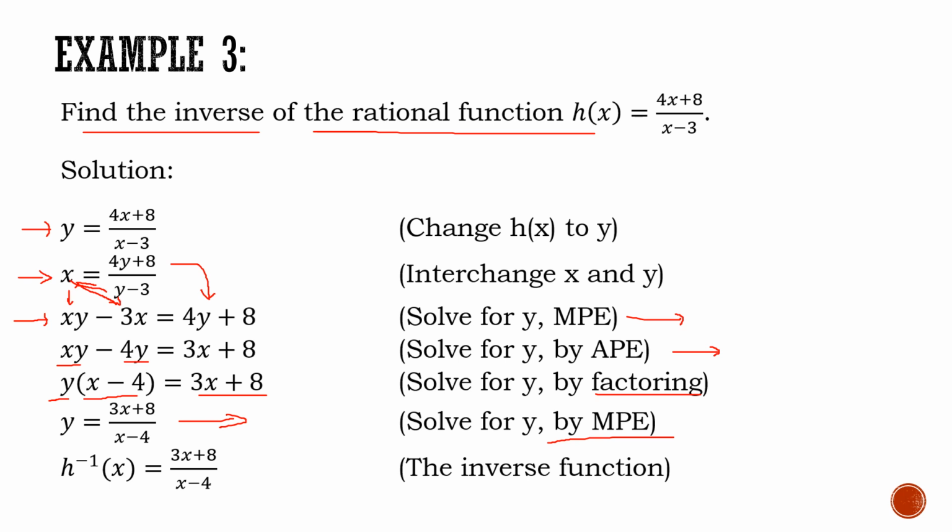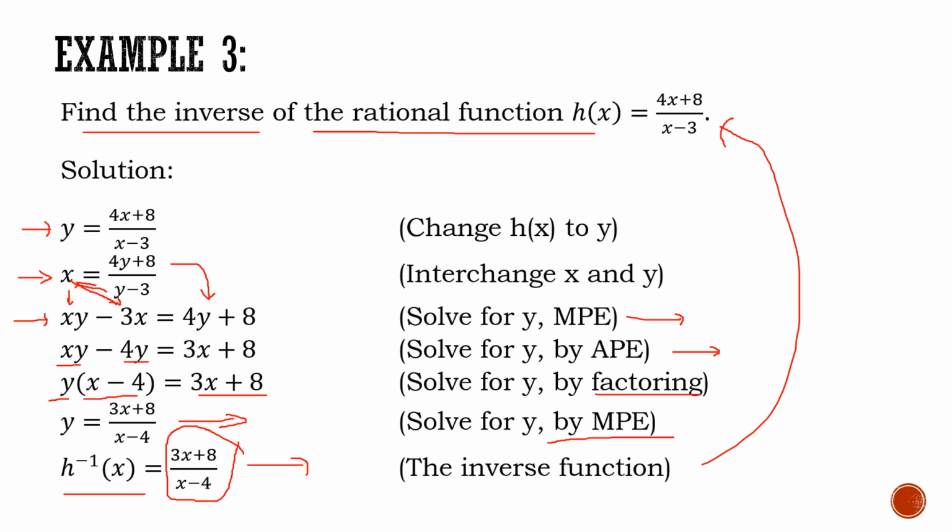Now, we can rewrite this as h raised to negative 1 of x is equal to 3x plus 8 over x minus 4. So this final answer is the inverse function of this given rational function.